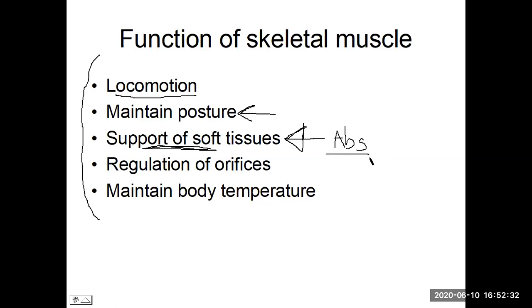So that's one good example. An orifice is an open canal. So you want to think of your mouth, for example, the nostrils, the urethra. And these openings, whether it be an entrance or exit point to the body, are controlled by the contraction of skeletal muscle.